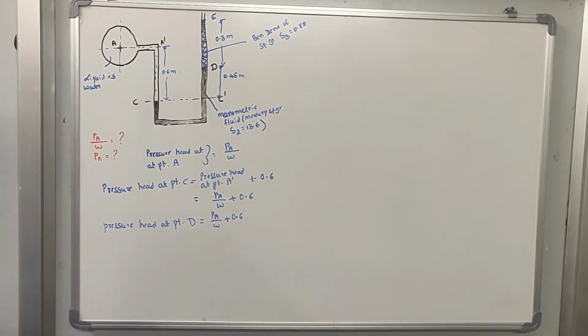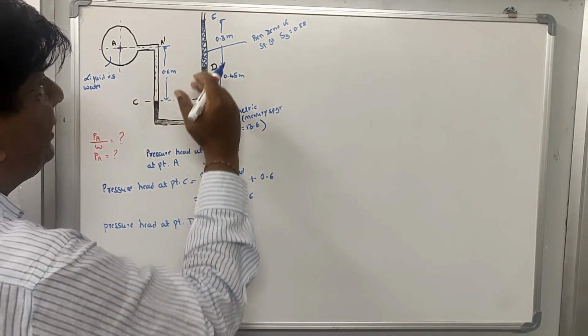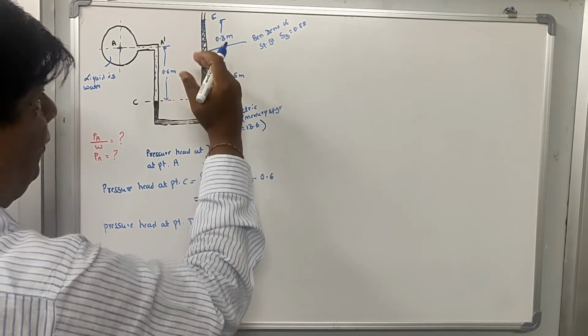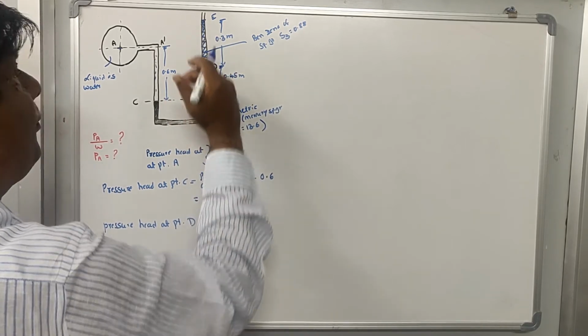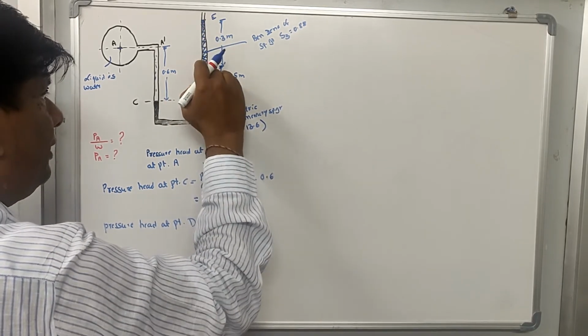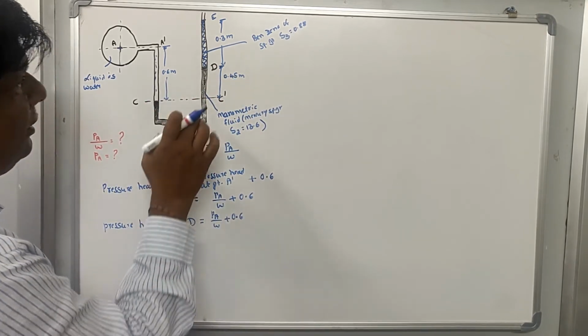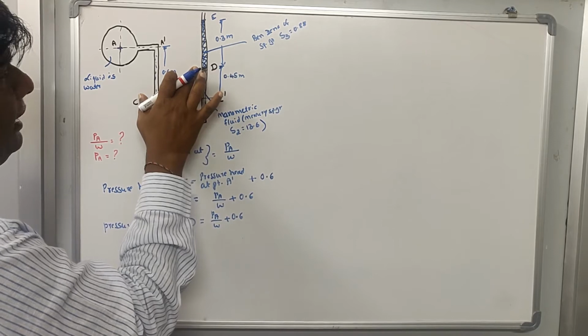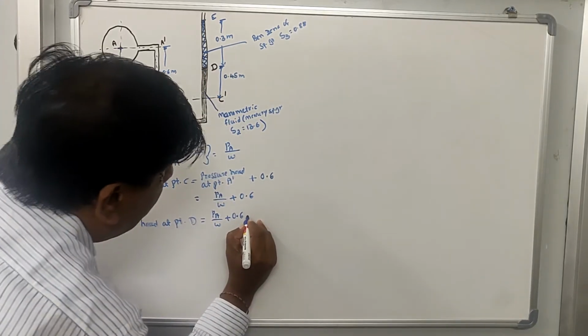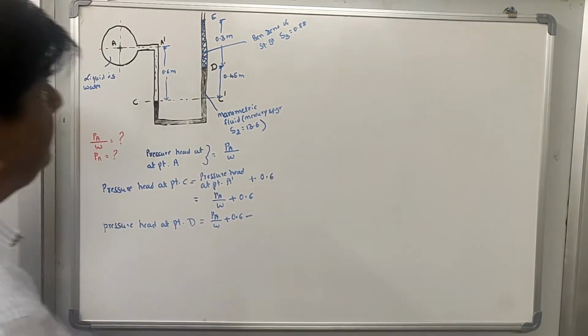This is the pressure head at point C dash. See, the next point D is lying above or below. If the next point is lying above the point C dash, you take negative sign. If the next point is lying below the point C dash, you take positive sign. So here the next point D is lying above the point C dash, so you make the minus sign.